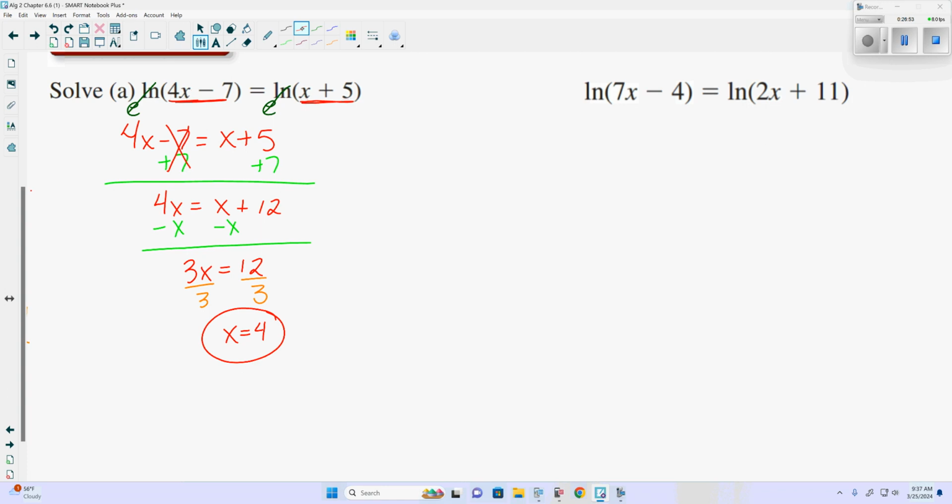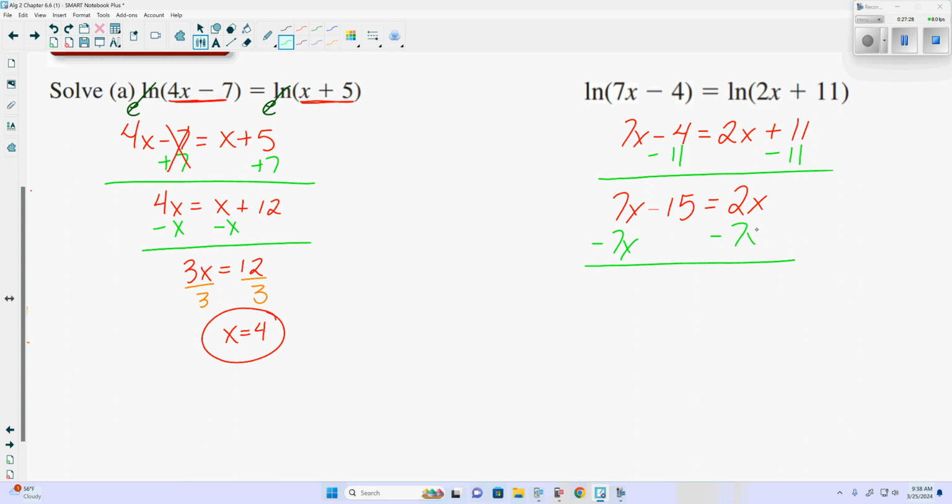The same thing's true for this here. ln of 7x minus 4 is equal to ln of 2x plus 11. Since they're both the same log, and we have one of them on either side, we get 7x minus 4 is equal to 2x plus 11. So 7x minus 15 is equal to 2x.